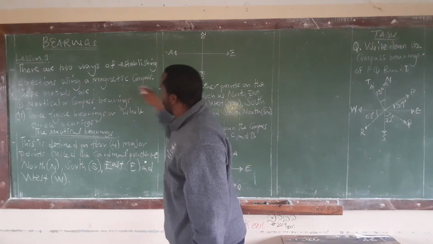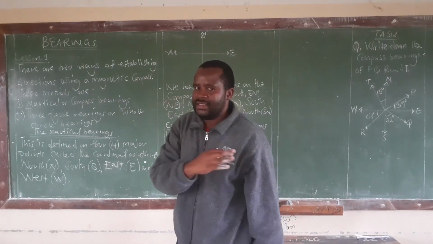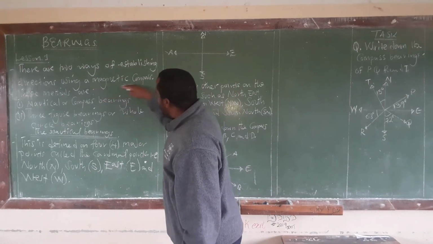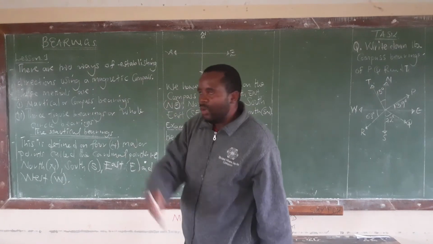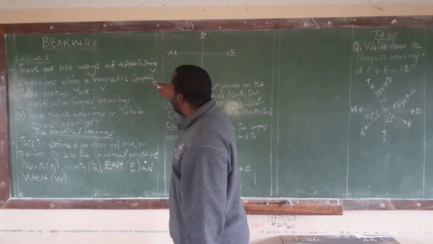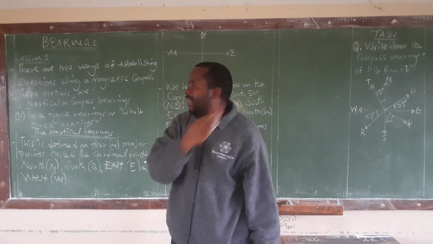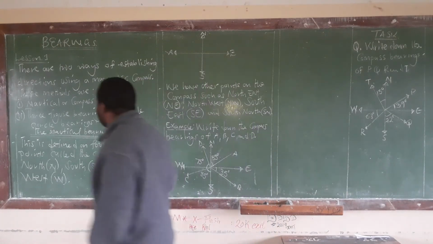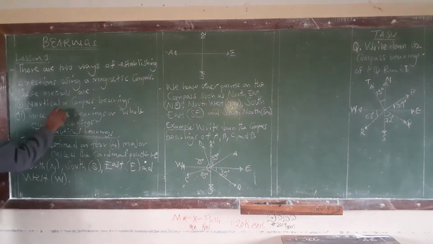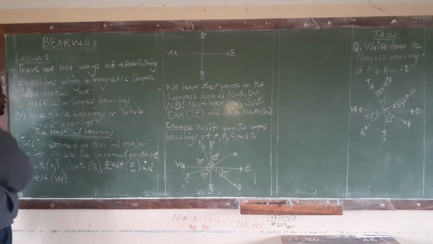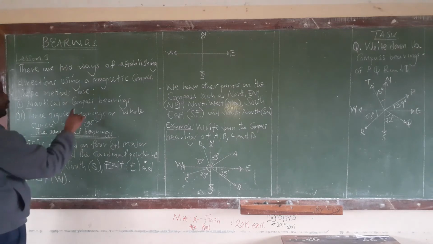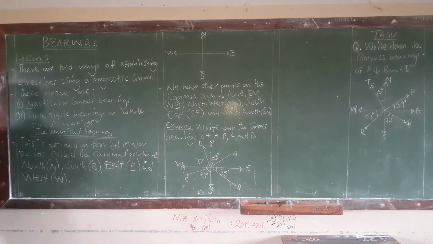But using this, there are two approaches in which this magnetic compass can be used to identify or to establish directions. Alright, and these are what we are calling the nautical bearings, or what we call compass bearings. That's the first method.